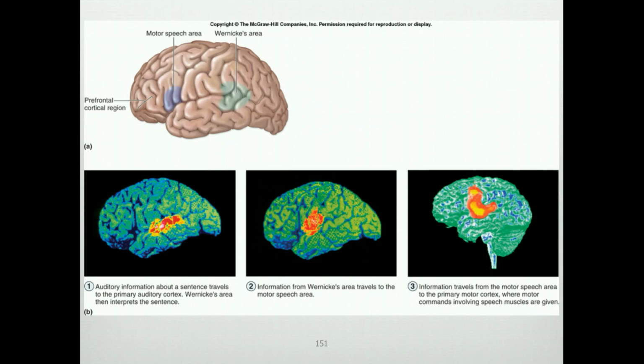Now this is kind of a fun example because I loved using this example. Here's Wernicke's area, which is often considered to be the association area for formulating what you're going to say. And then the motor speech area is how you actually say what it is you're going to say.